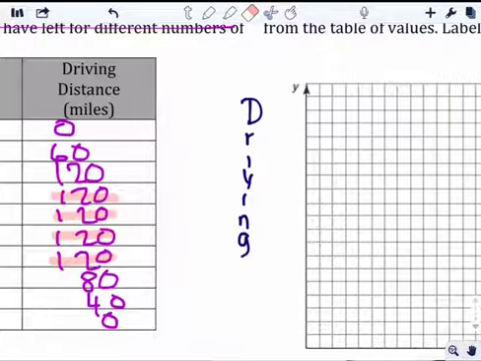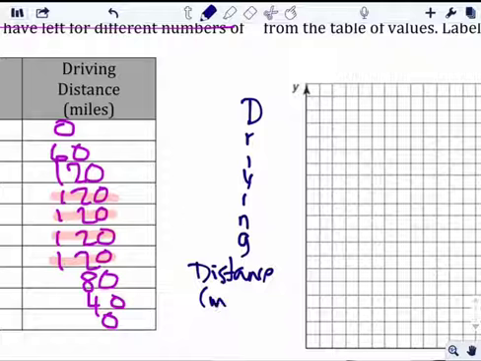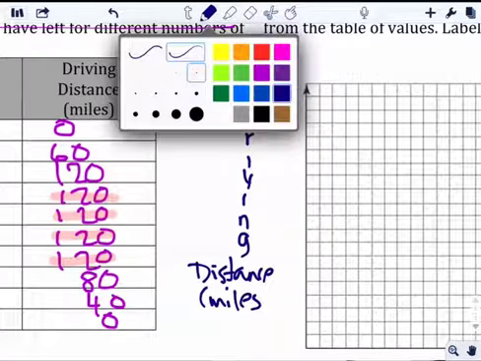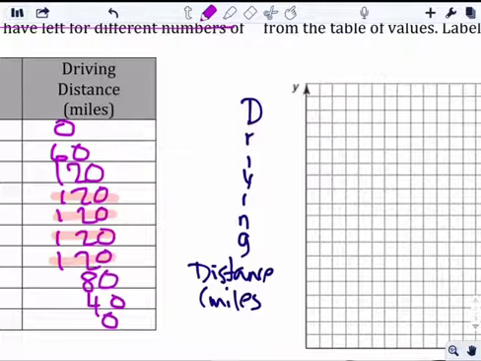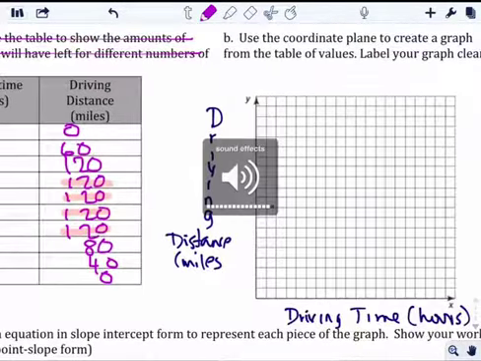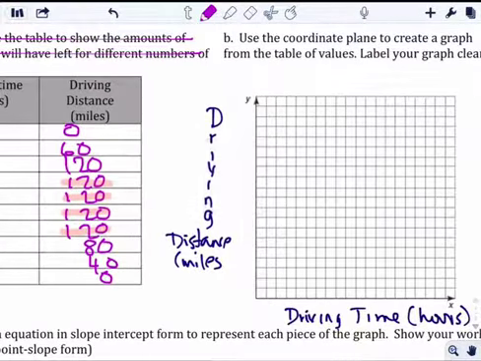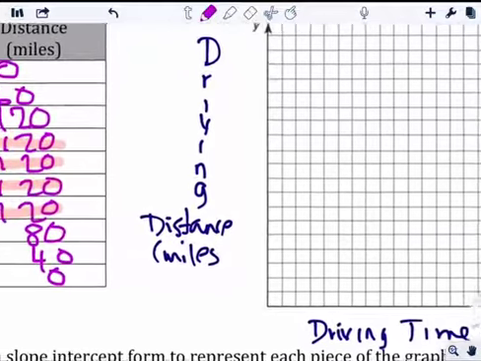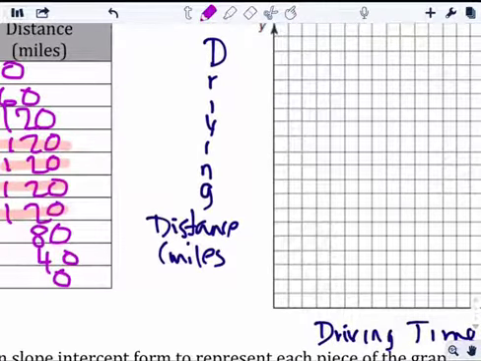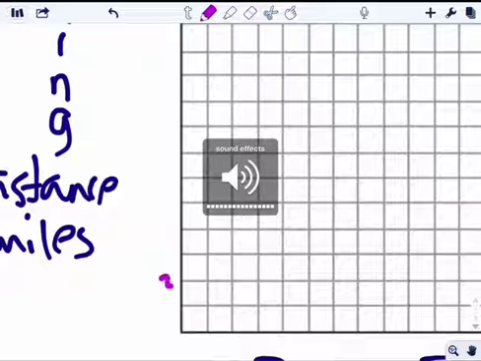Okay, driving distance in miles. So all the way up to 120, I'm going to count by 20 because that should fit. So each one is 20.